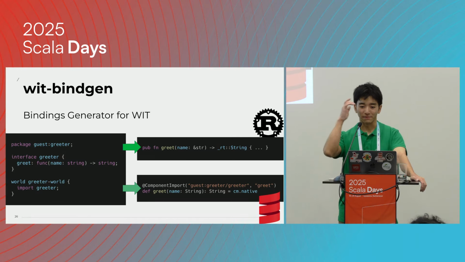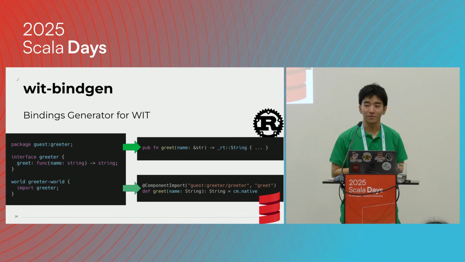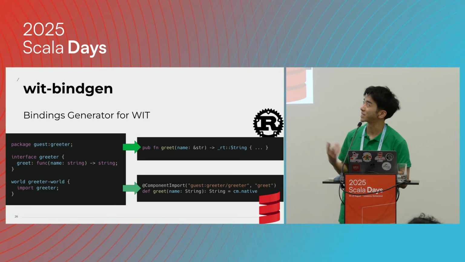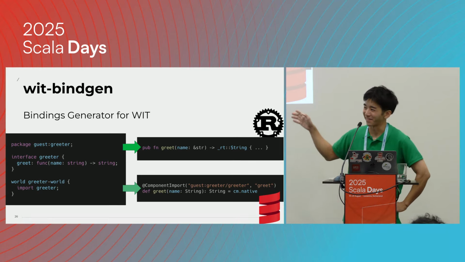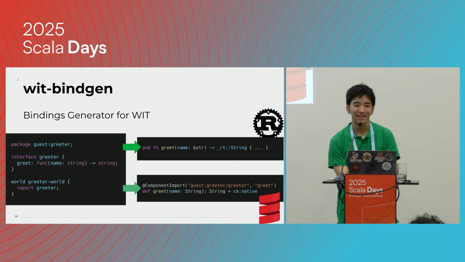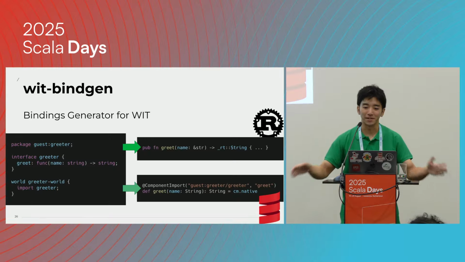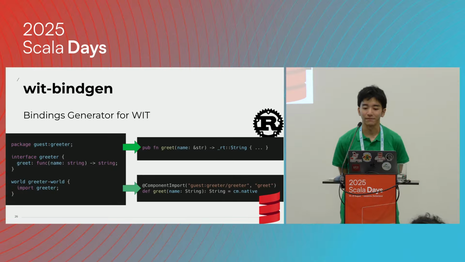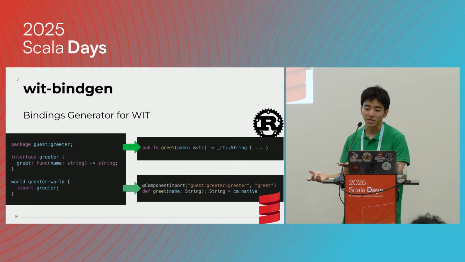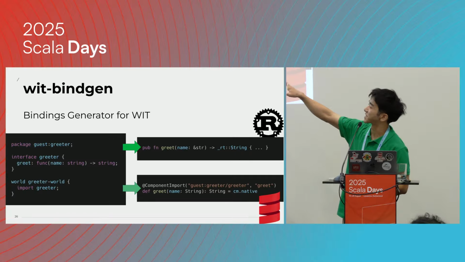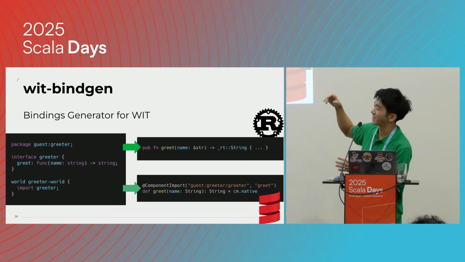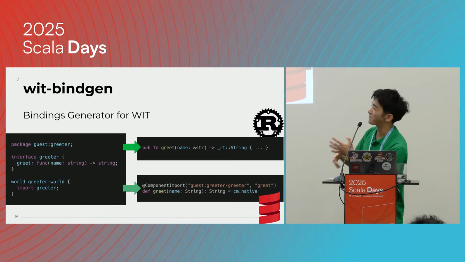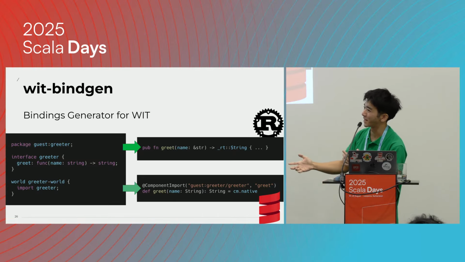To call the Wasm component-defined interface from Scala, we use a binding generator called wit-bindgen, which doesn't support Scala yet, so I'm currently writing the binding code by hand. But anyway, wit-bindgen generates the glue code for the given WIT interface, and we call the component function using the generated code. This generated code is going to be compiled to a function call following the canonical ABI, which the end user shouldn't care about.